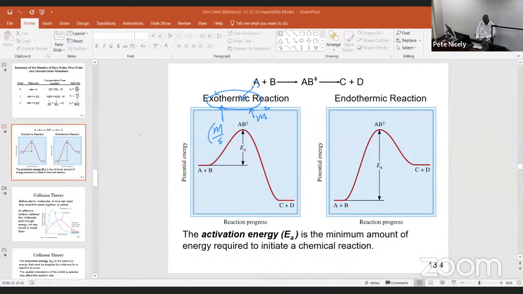So if that is true, then how would you expect to determine the units of K? If rate has this unit and I squared has M squared as the units, then how would you determine the units of K? Right, because you know that K is equal to rate divided by the concentration of I squared, right?